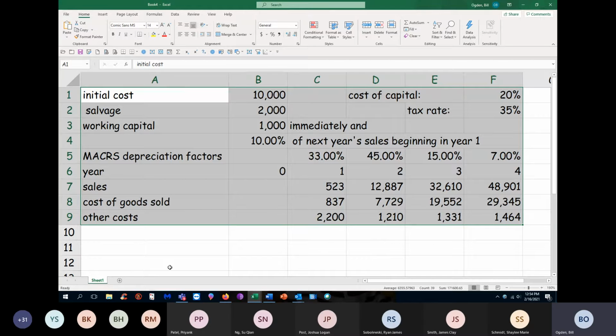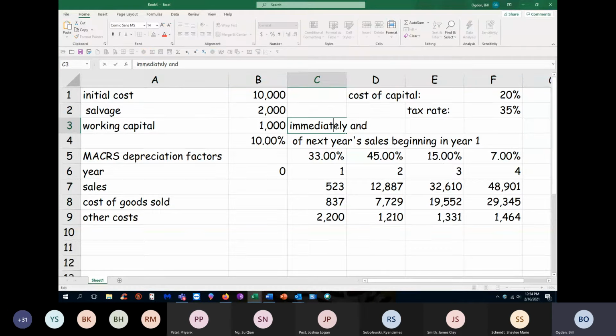In other words, what if I said here, working capital will be 1,000 immediately, and what if I type out 10% of next year's sales? Do you see what happens here? I don't have access to that, do I? It's in the middle of a sentence.